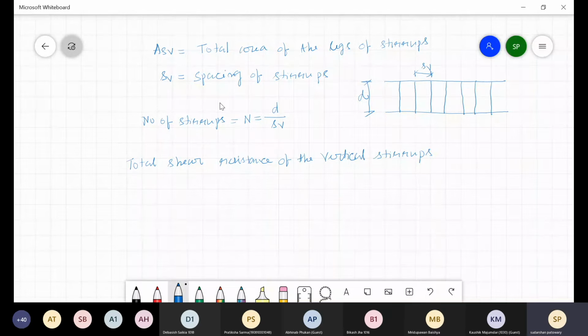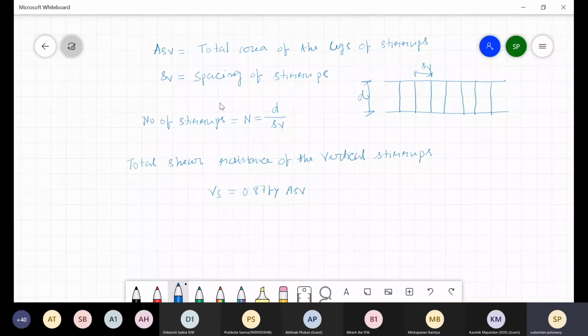That is your Vus, the shear resistance, which is equal to 0.87 fy, the stress, into the area ASV.